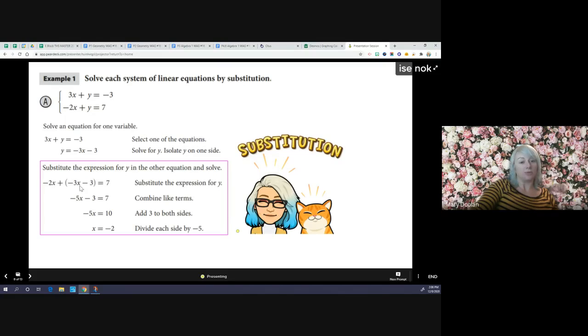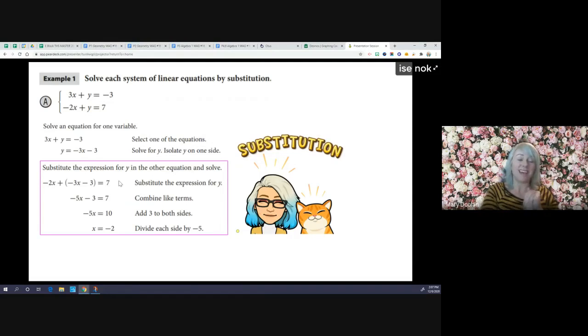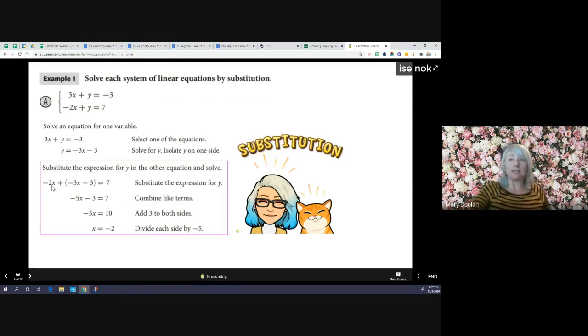I substitute what y is equal to from the last step: y is equal to negative 3x minus 3. So instead of writing y here, I'm going to write negative 3x minus 3. The reason we do that is because now I have an equation with one variable. The only variable I have is x. It's in different places, I have an x term here and an x term here, but that's okay. I can solve an equation in one variable, like it is here.